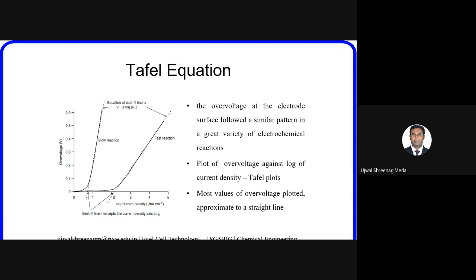Because of those experiments, he was able to generalize that the losses due to activation follow a certain pattern, and it is different for different reaction speeds. If the reaction is slow, a particular pattern is observed, and if the reactions are fast, another pattern is observed. This is what we discussed in the last class.